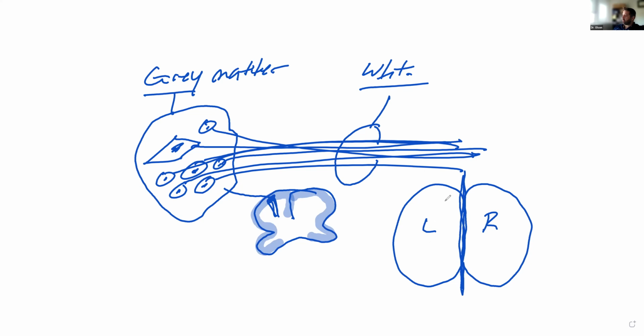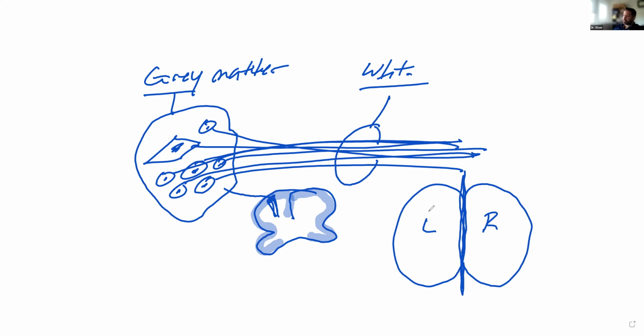Okay. If we're referencing the cortex of the individual, each lateral side we would reference as the cortices. So we can divide the brain into two hemispheres, into two cortices.